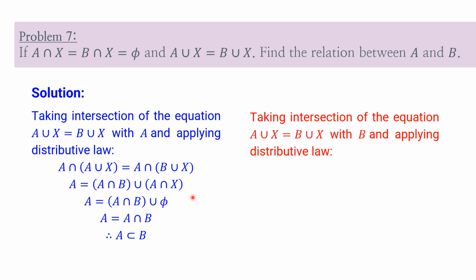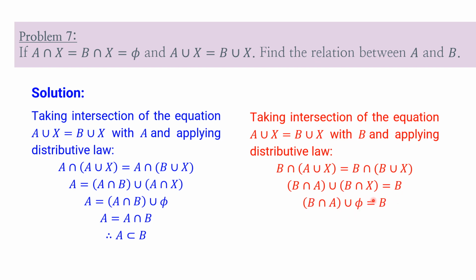Now again taking the intersection of this equation A union X equal to B union X, but this time with B, and applying distributive law, we get B intersection A union X equals B intersection B union X. Now intersection of B union X with B gives the set B itself, and applying distributive law on B intersection A union X, we get B equals B intersection A union B intersection X. We are given that B intersection X is an empty set, therefore B equals B intersection A union phi.